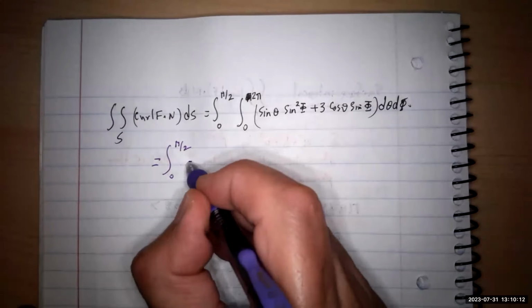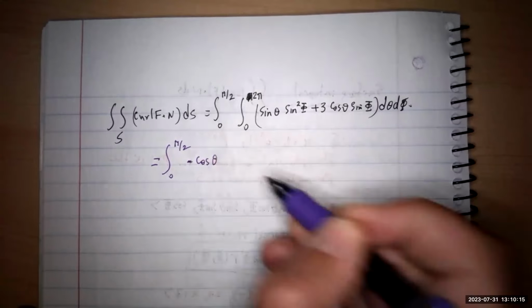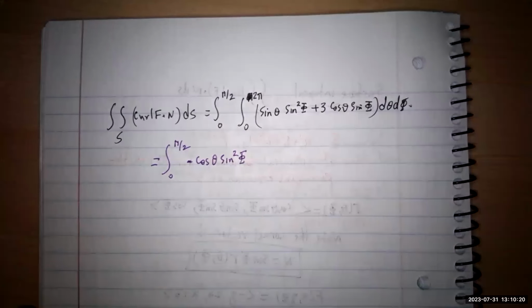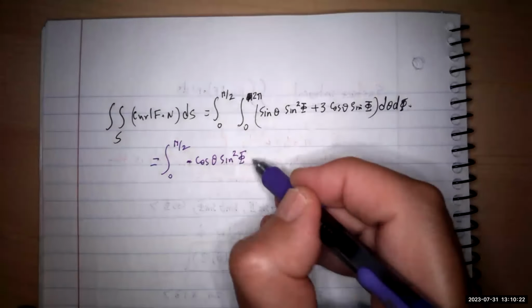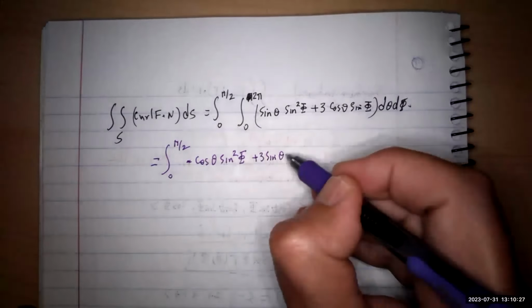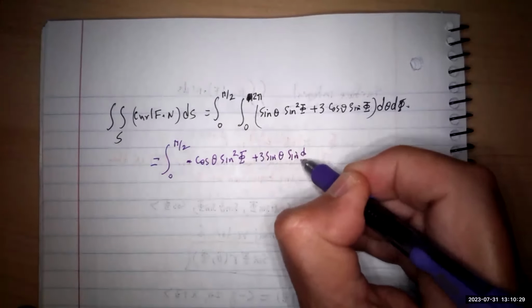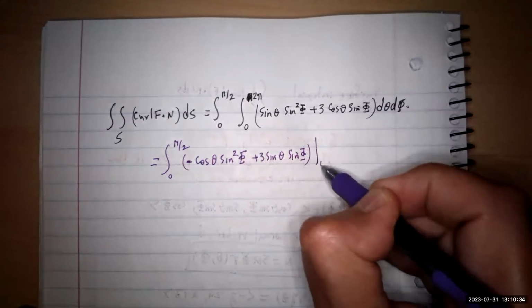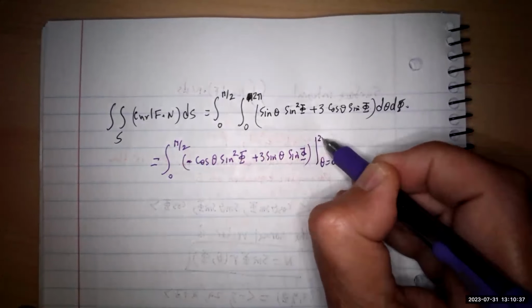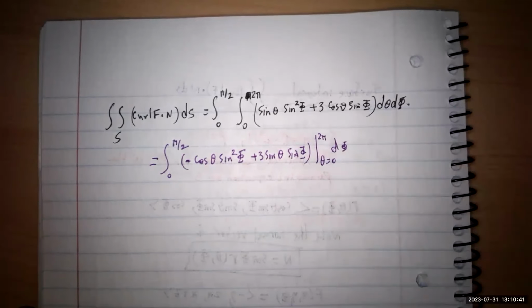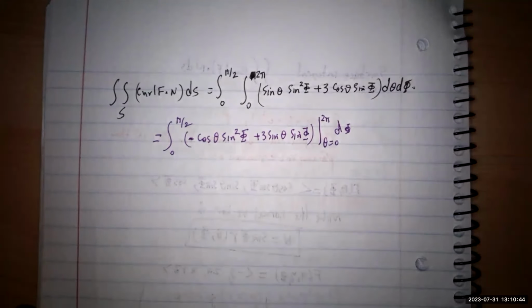So that gives negative cosine of theta, the sine squared of phi. Okay, integral of a cosine is just sine. And that gives me the sine of theta, times 3 sine of phi, and this is going to be evaluated when theta is going from 0 to 2 pi, and then d phi.